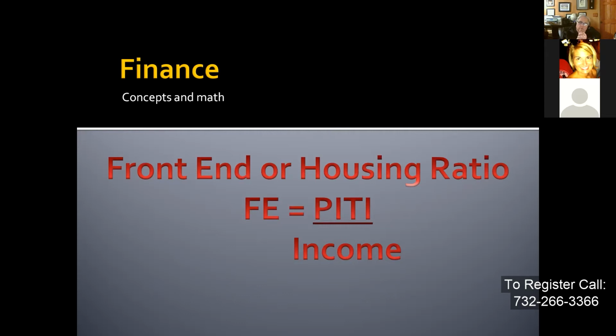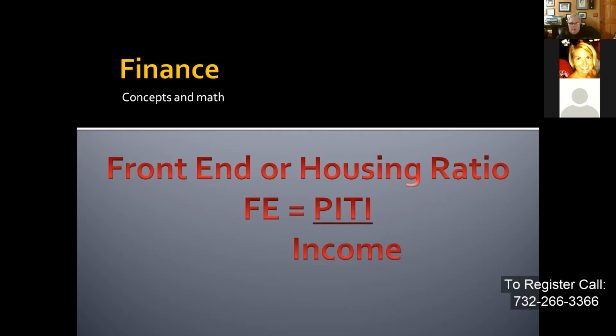The definition of the front end ratio is principal, interest, taxes, and insurance. So PITI: the principal on your loan payment, the interest on your loan payment, the taxes on your house, the homeowner's insurance on your house, divided by income. So your front end ratio is PITI divided by income.